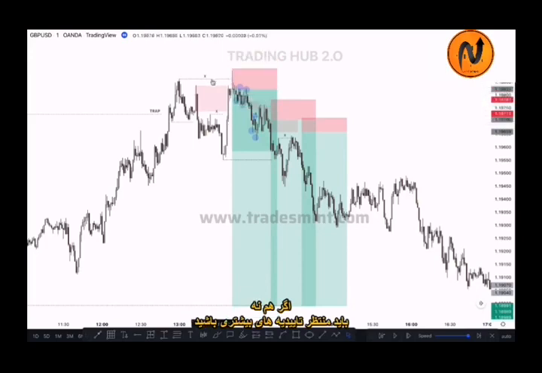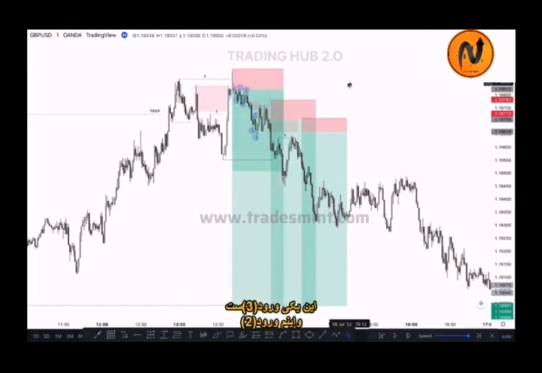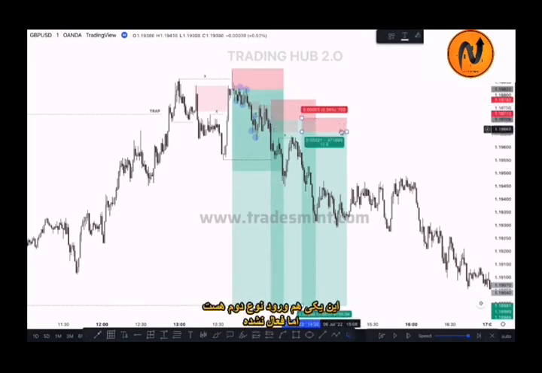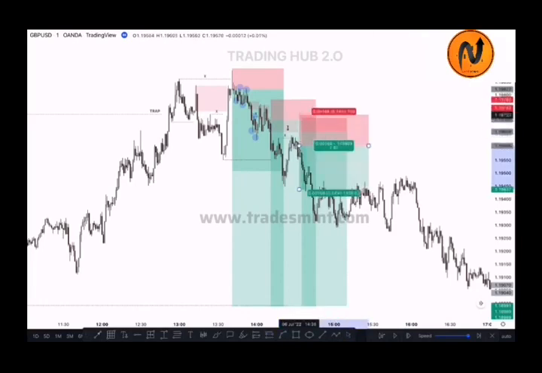If not, then you have to wait for more confirmation. In this case market taken out previous high and closed below it, then you can sell, and this is actually entry type 3 and this is entry type 2, the middle one, and this one is also entry type 2 but it's not mitigated, but you can sell based on entry type 3 here.